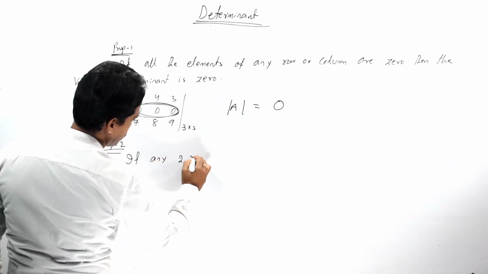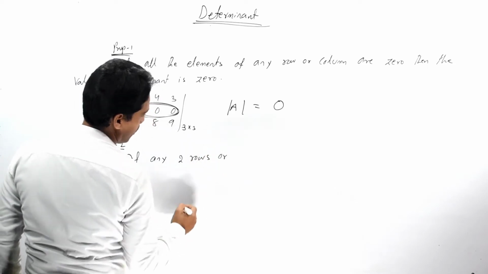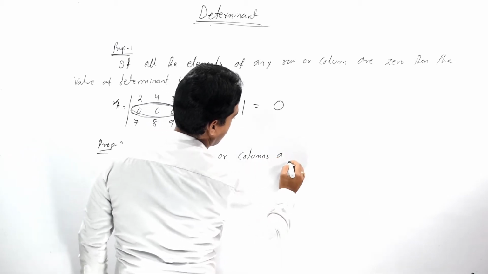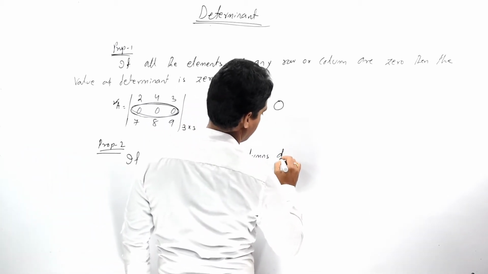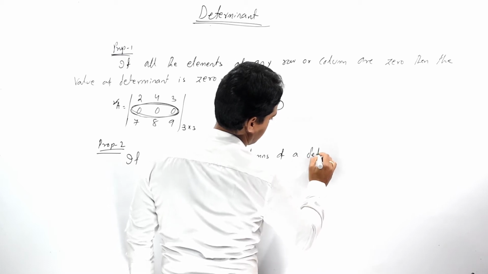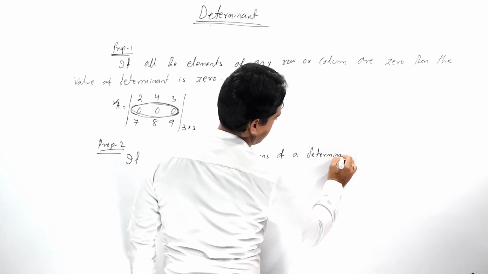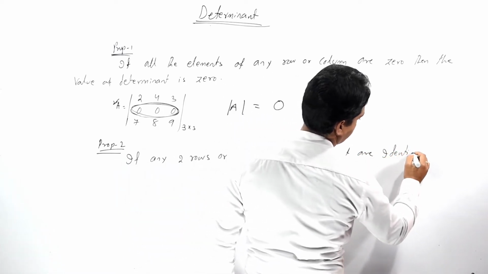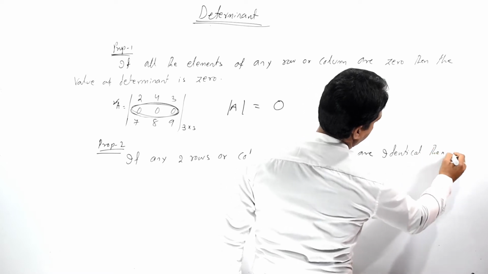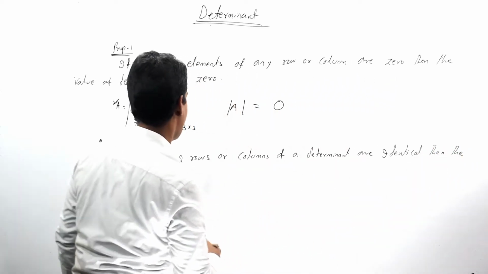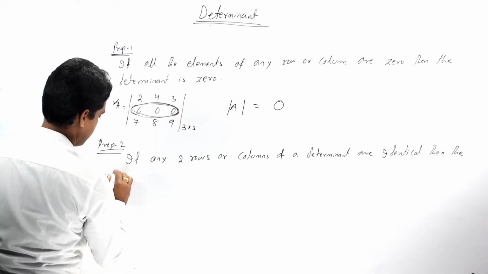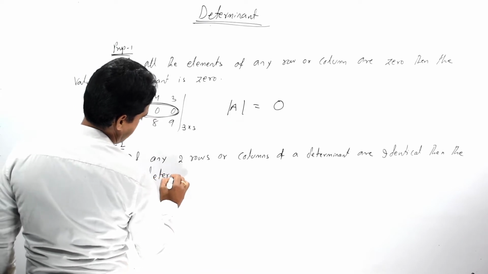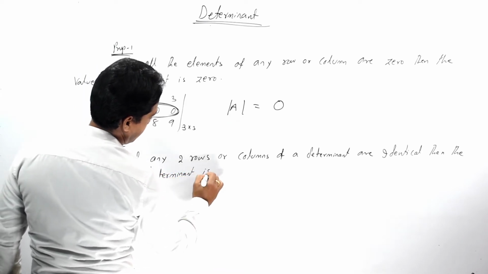Now come to our second property, that is, if any 2 rows or columns of a determinant are identical, then the value of the determinant is 0.